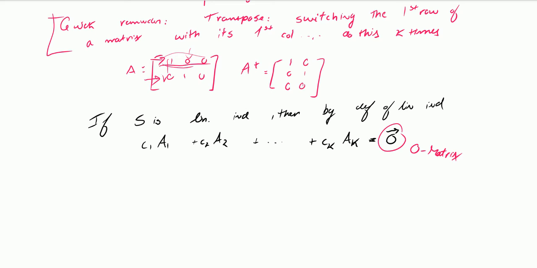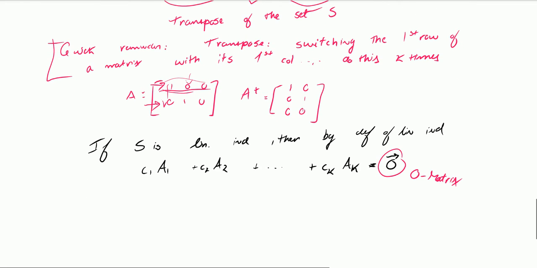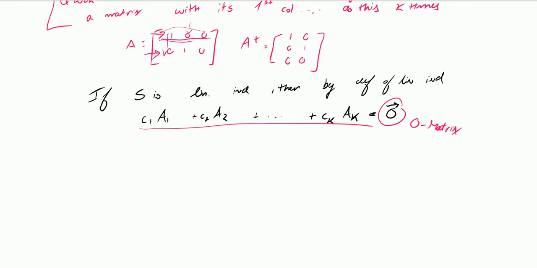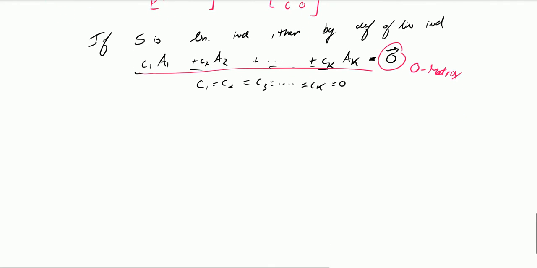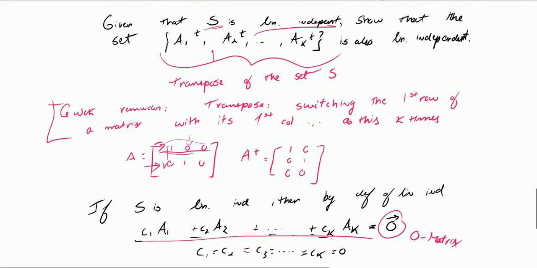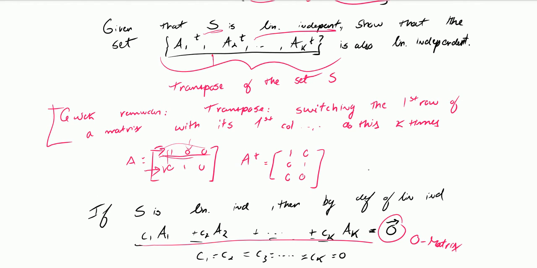We don't know what the dimension is, and in this case, it doesn't really matter. But we also know, because it's linearly independent, that C1 equals C2 equals C3, and so on until CK, and all of those are equal to 0. So all of my scalars are equal to 0, because that's the definition of linear independence.